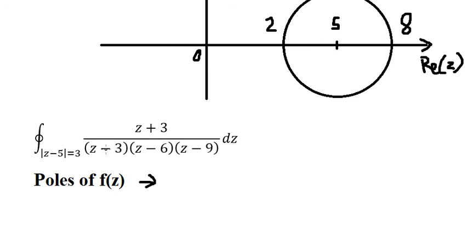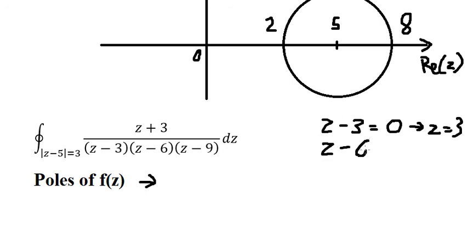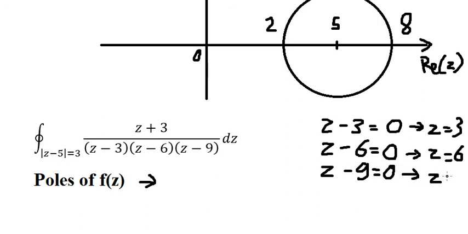We have z minus number 3 equals number 0, so z equals number 3. The next one, z minus number 6 equals number 0, so we have z equals 6, and z minus number 9 equals number 0, so we have z equals number 9.